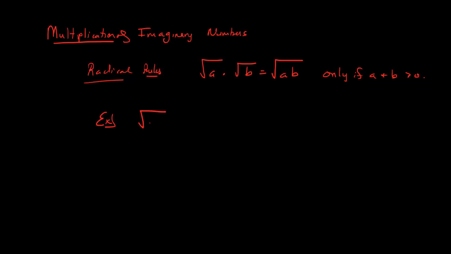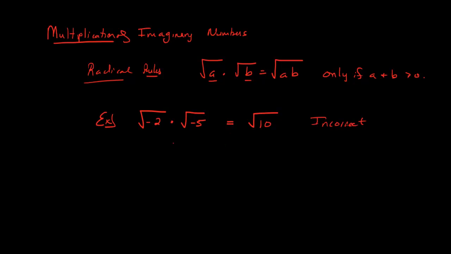Let us say I say the square root of negative 2 times the square root of negative 5. To the untrained mathematician, they might say, oh okay, I can apply my radical rule, and this is the square root of positive 10. And you would be incorrect, because this rule only works if your values of a and b are both positive.